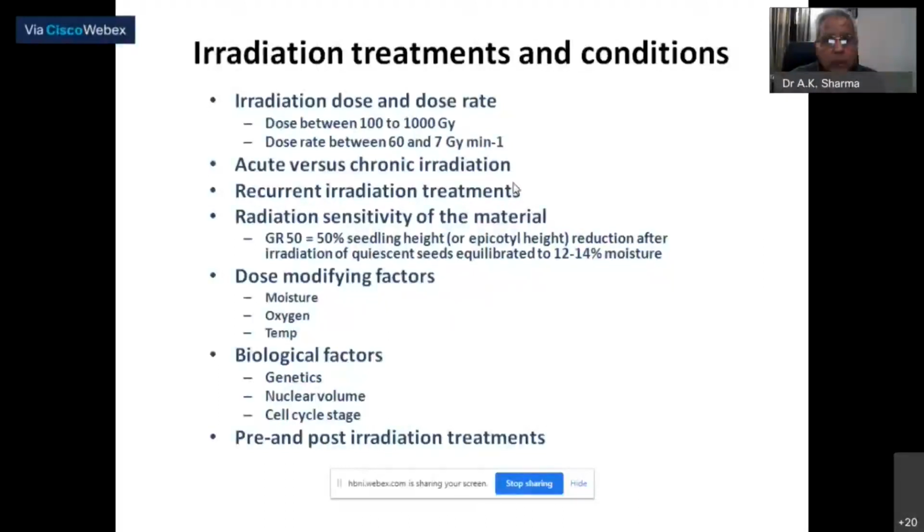Then acute versus chronic radiation. Now, in case of, for example, gamma field, this is a chronic type of radiation. So very low doses are given over a long period of time. The plants are growing in the field of radiation for a longer time. This is called chronic radiation.